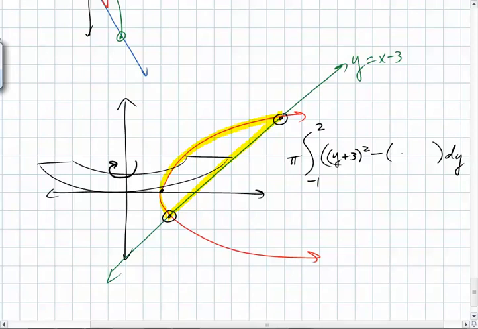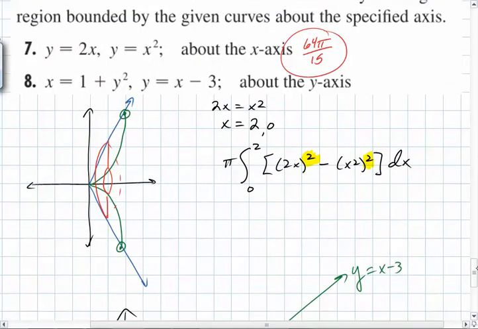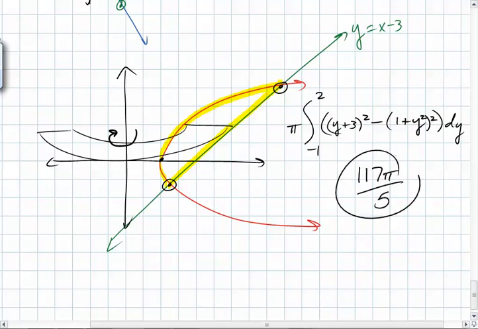What did you get? 1 plus y squared, because it's already isolated. 1 plus y squared. There it is. Now, you need to evaluate that, and what should it evaluate to? 117 pi over 5. The setup is what you need to get good at. The setup.